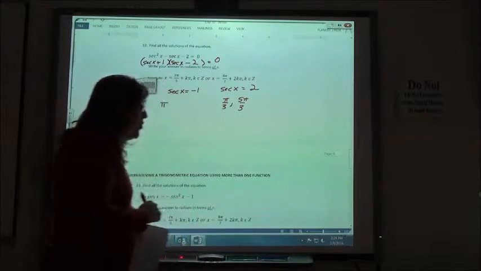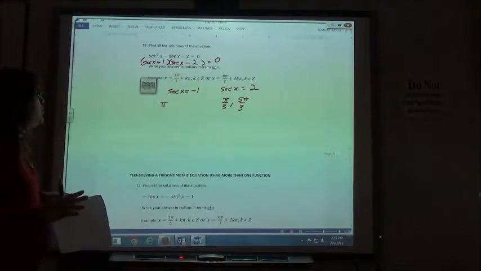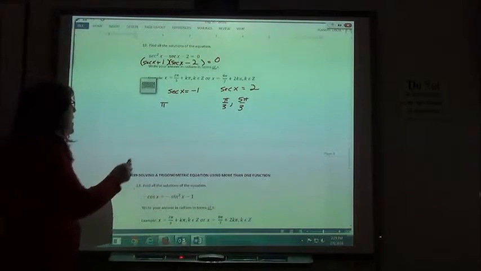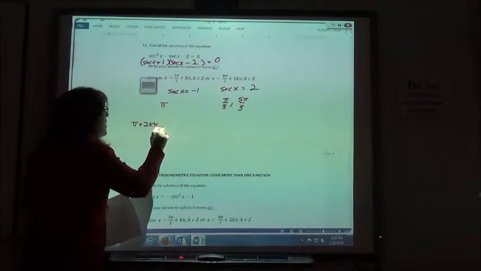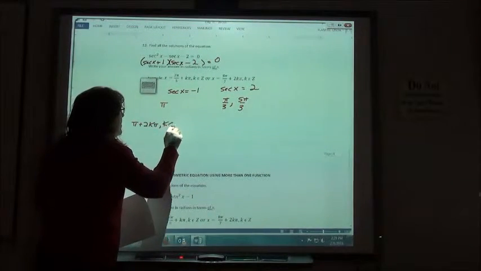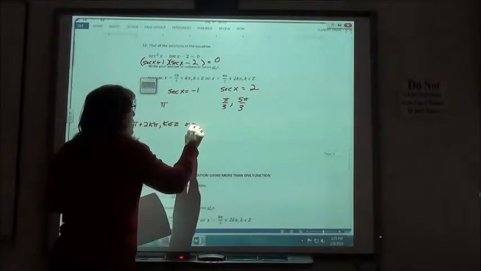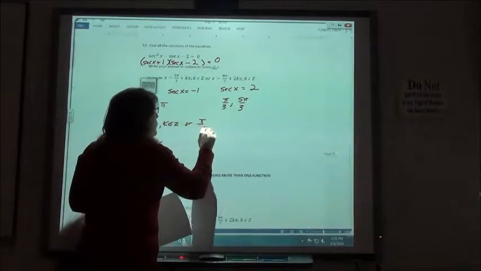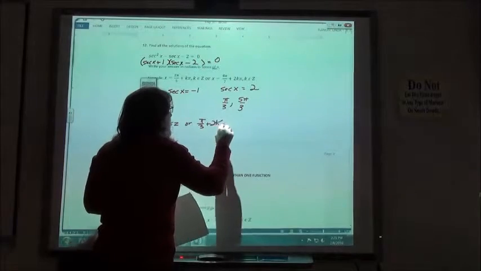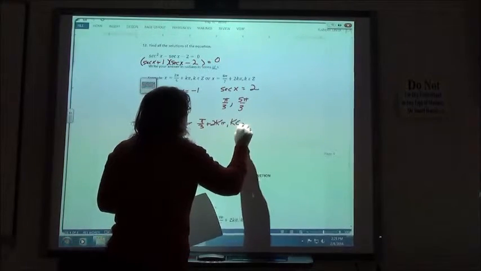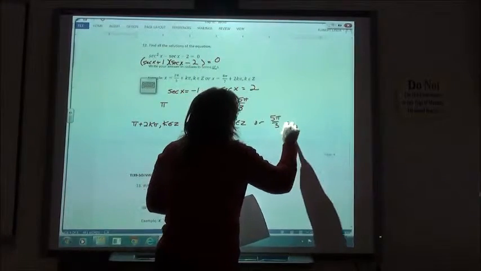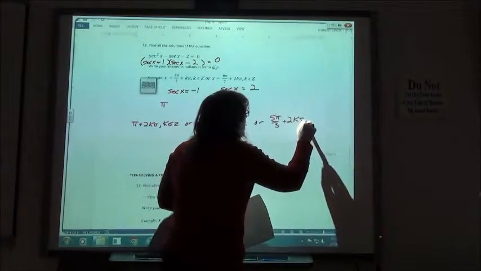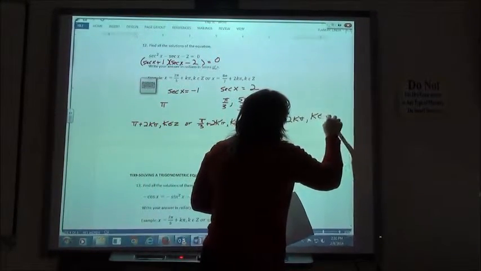So again, on this one, I'm going to end up having 3 answers. None of them can be combined. So I'm going to have pi plus 2k pi with k being an element of z, or I'm going to have pi over 3 plus my 2k pi with k being an element of z, or I'm going to have 5 pi over 3 plus my 2k pi with k being an element of z.